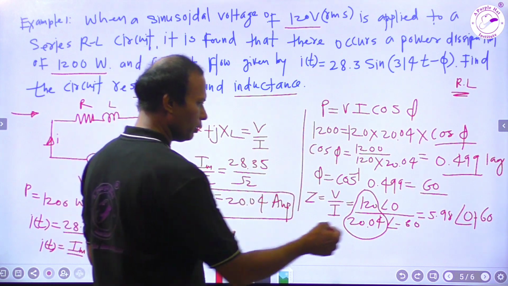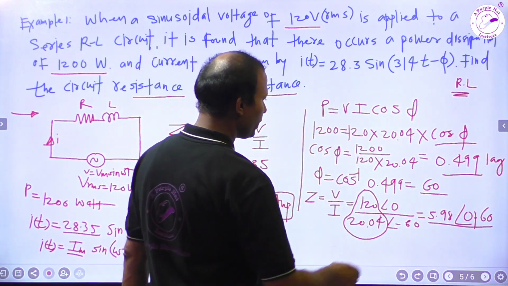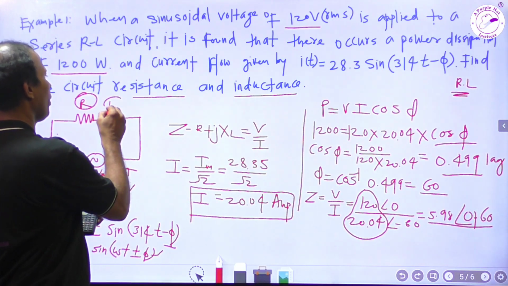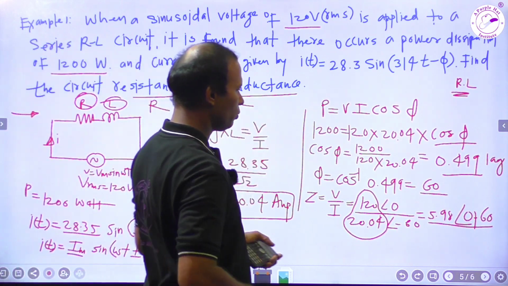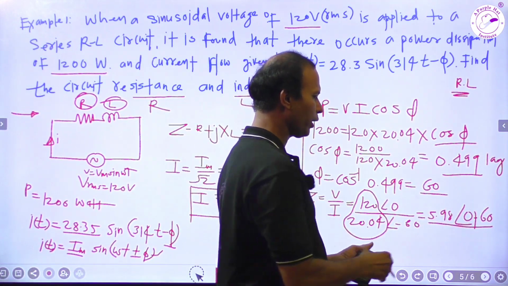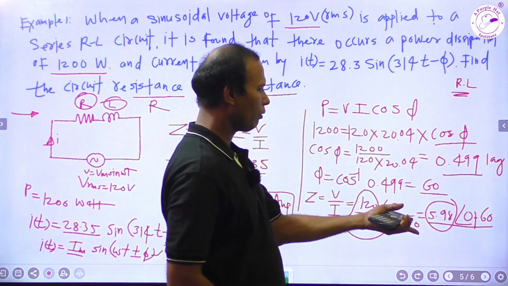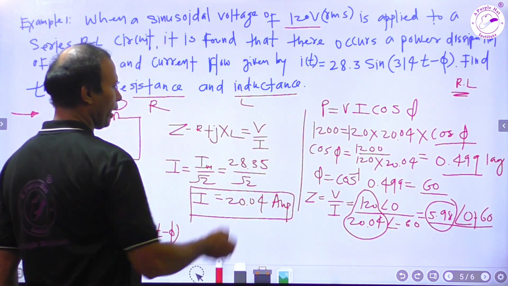So this is my impedance in polar form. After getting this impedance, our unknowns are only resistance R and inductance L. R and L only. So just convert this equation. This is the magnitude of impedance. Overall impedance is 5.98, but after converting it into rectangular form, I may get direct values of R and L.